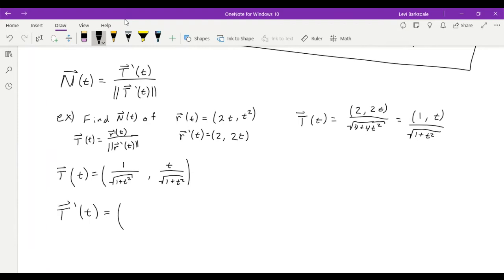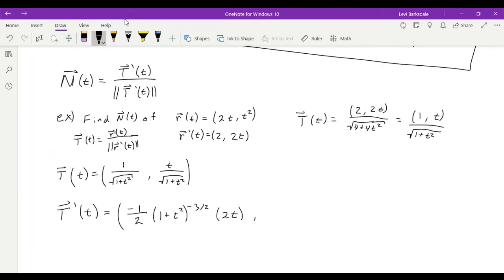is equal to, in this case, the derivative of this first component would be, we have 1 plus t squared to the minus 1/2. So we have minus 1/2 times 1 plus t squared to the minus 3/2 times the derivative of the inside, so times 2t. Then on the second portion, we have to use the quotient rule.